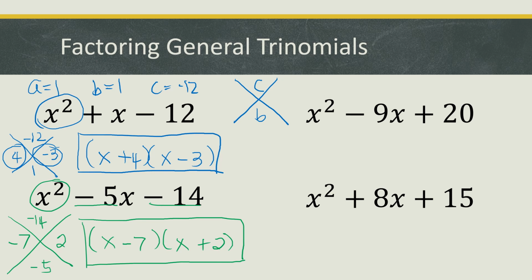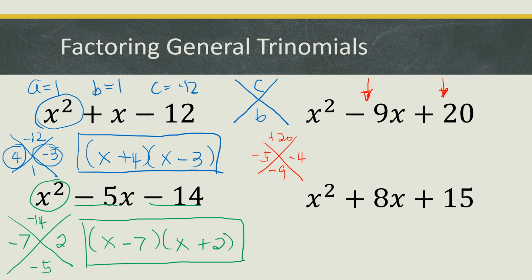Third one, we have here a b value of negative 9 and a c value of positive 20. So let us find the factors of positive 20 that once we add, we will get negative 9. And those are negative 5 and negative 4.